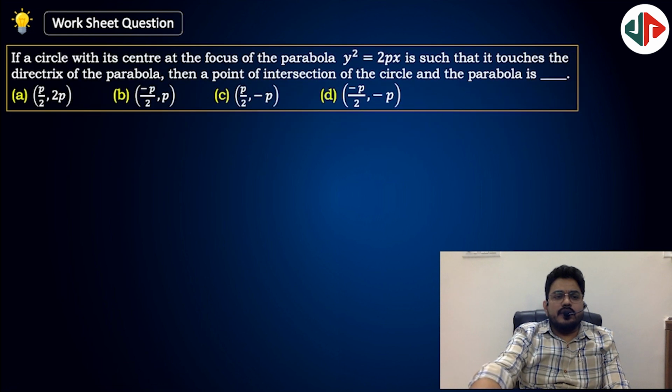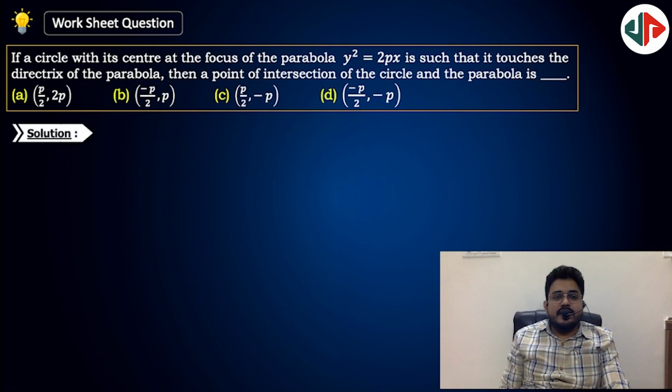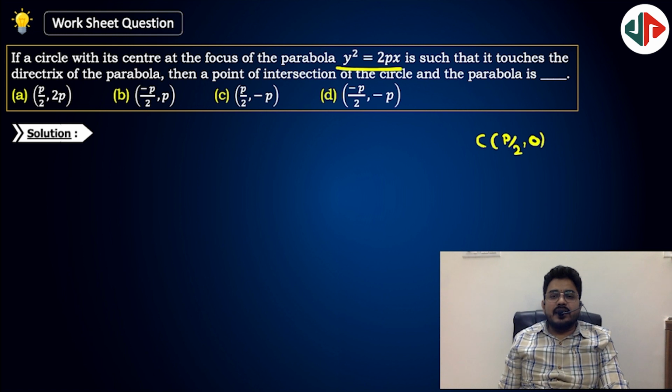Next question is, if a circle with its center at the focus of y square equal to 2px such that it touches the directrix of the parabola, then the point of intersection of circle and parabola is. So what is the center? Center is, what is the focus of this one? P by 2 comma 0. Such that it touches the directrix of the parabola.